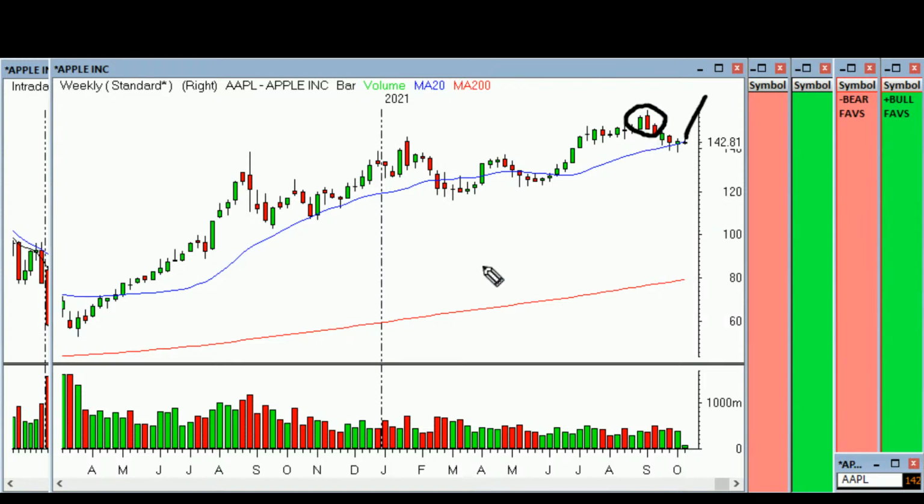But here's the other thing from a fundamental point of view. I only really look at the charts, and I don't care about the fundamentals. But if you think about it, we have not had a recession. We have not had a big sell-off that lasted a long time.